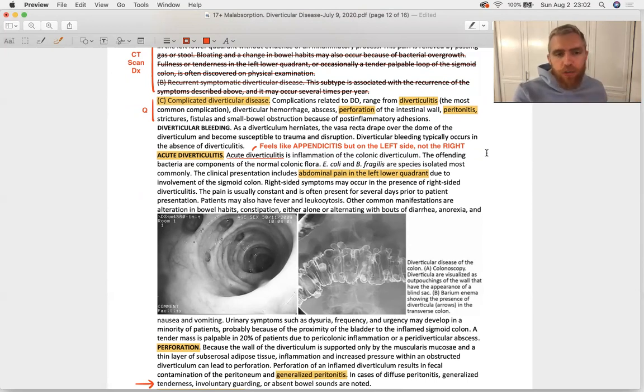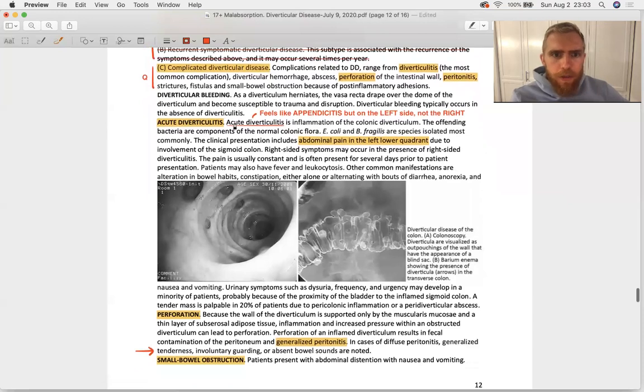So that's a stricture, and we've seen that in the esophagus before. Fistulas, that's a tunnel, a communication between one part of the bowel and another, or a part of the bowel and a different organ. And then finally, small bowel obstruction. So yeah, like I said, that's a lot of angles, and we'll go through them one by one.